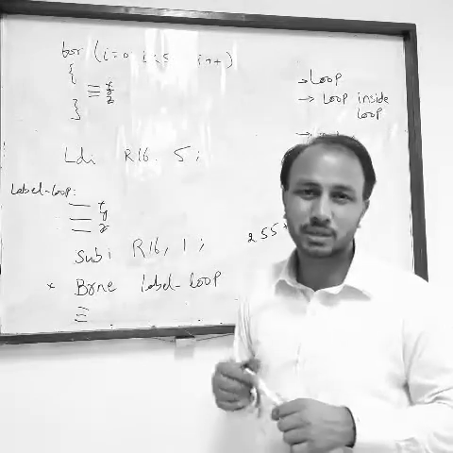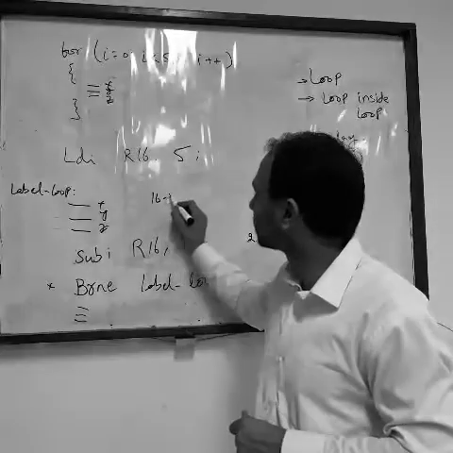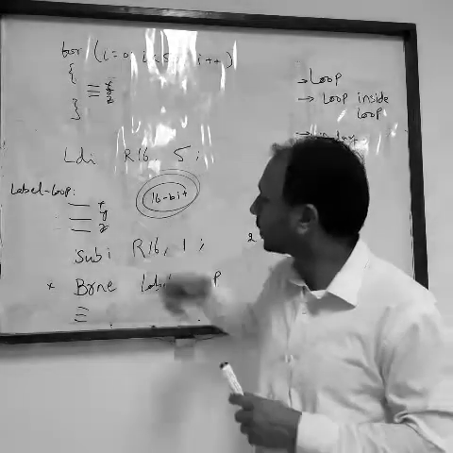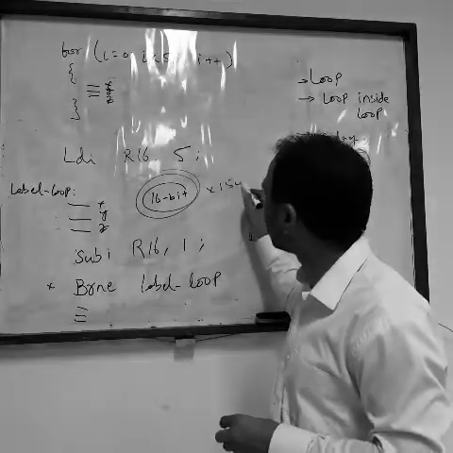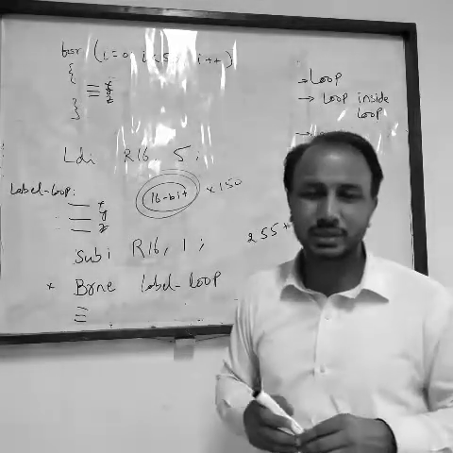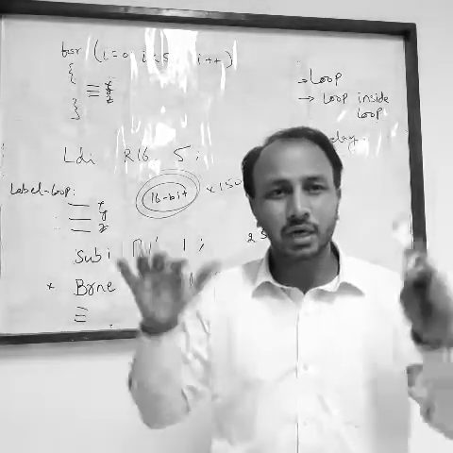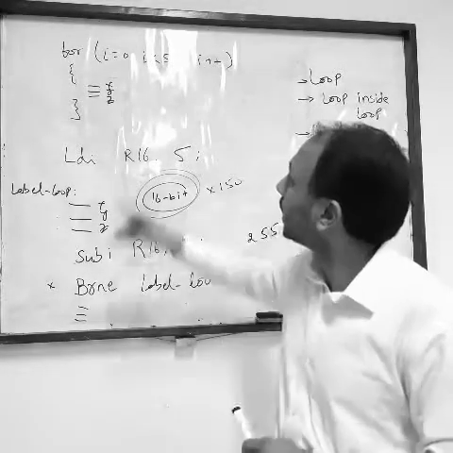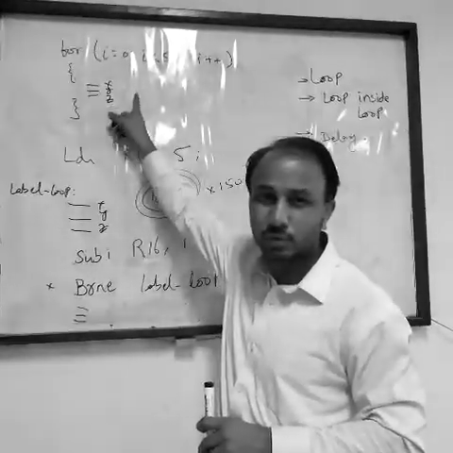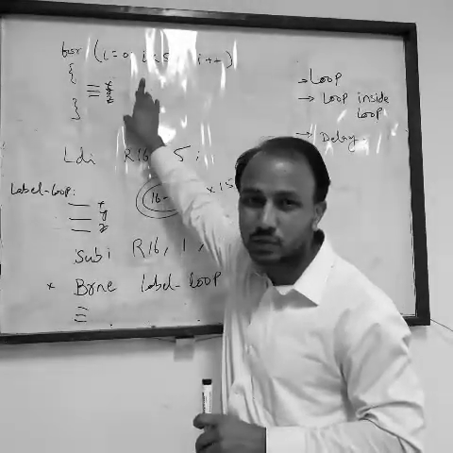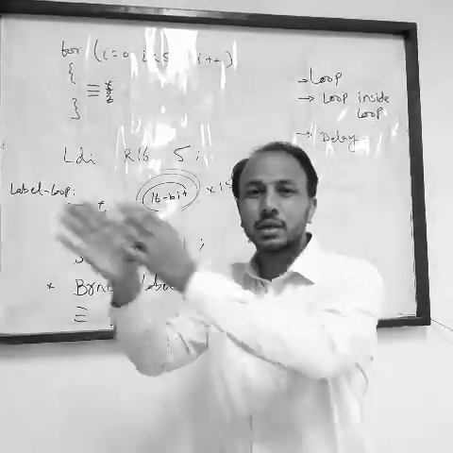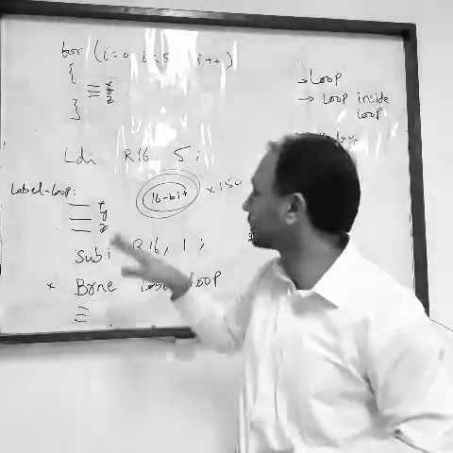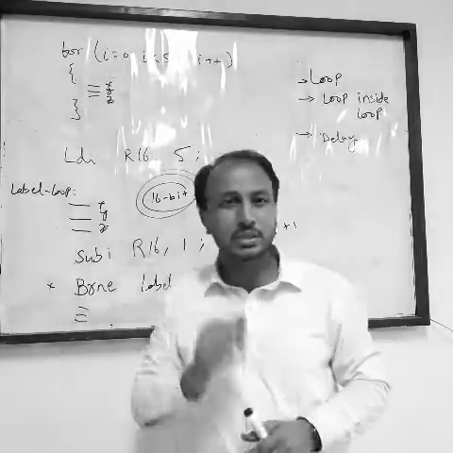And if one instruction memory location is 16 bits, then 16 bits multiplied by 150 of instruction memory will be occupied by this code. So if you are not using a loop, the same instructions are repeated multiple times. This is the first problem.